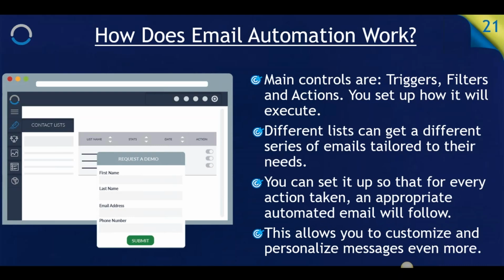And obviously you set this up and you let it run. Now different lists can get a different series of emails, because you can target particular email lists in your subscriber ecosystem, and then you can set it up based on the action taken. Email will follow up. Now this will allow for customization and personalized messages even more.